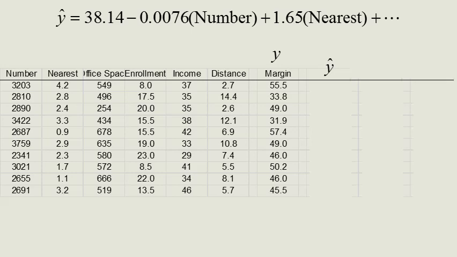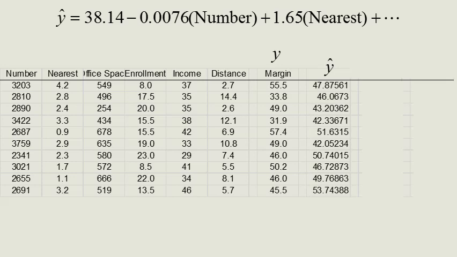If we plug in the x values for each data point, then we'll get these values for y hat. So, for example, if we plug in all of the x values from the first row into the best fit curve equation, then we'll get the first y hat value of 47.8.